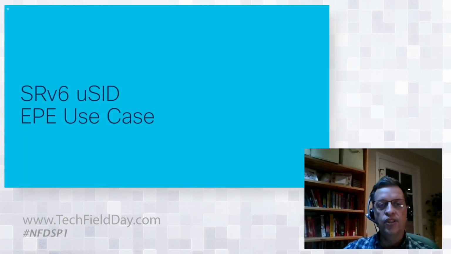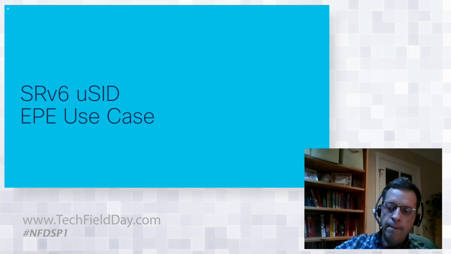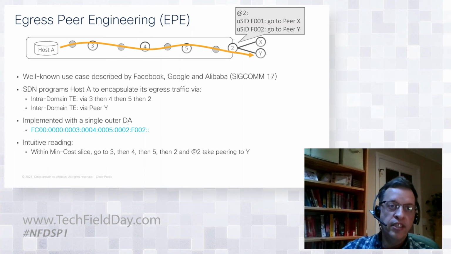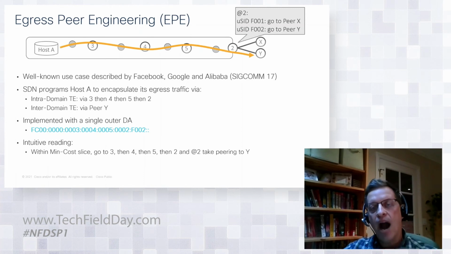Now, to see this in action, I decided to bring one of the use cases that are very common and documented by the web operators, specifically when they're trying to achieve goals like egress peering engineering, which is controlling how to get traffic out of their network. In this case, the idea is to run SRv6 directly at the host.